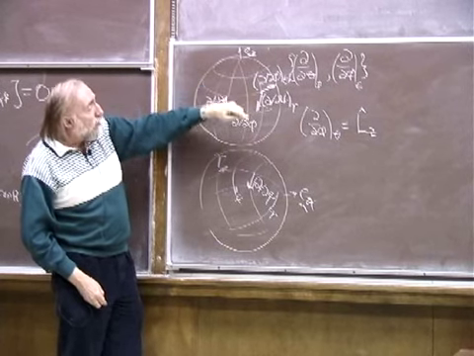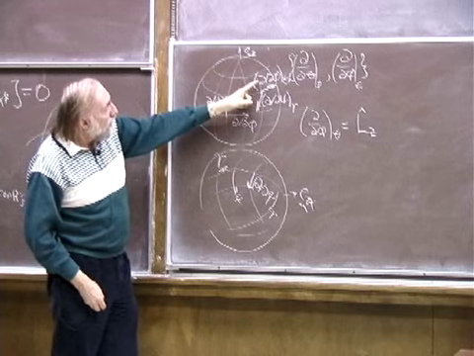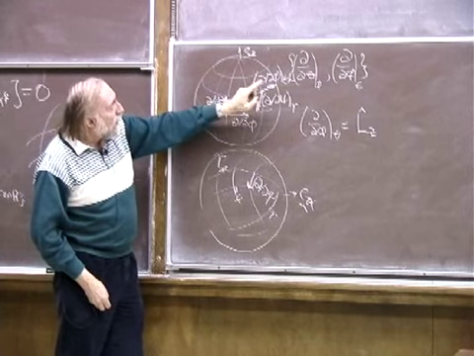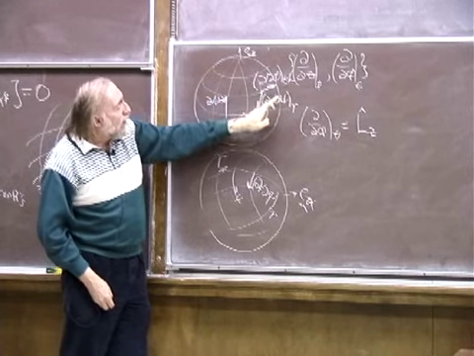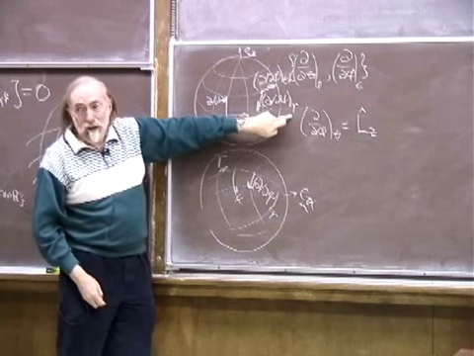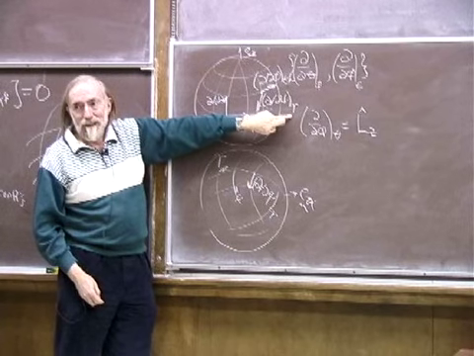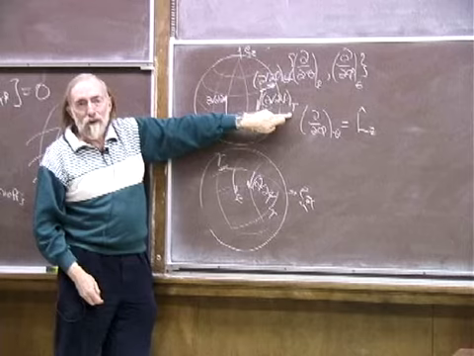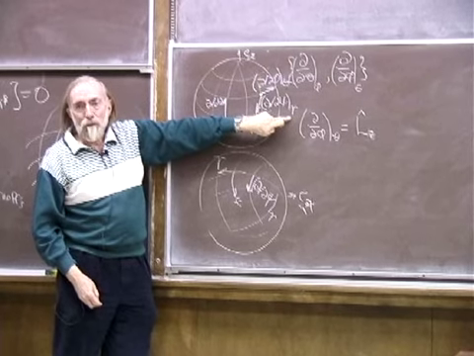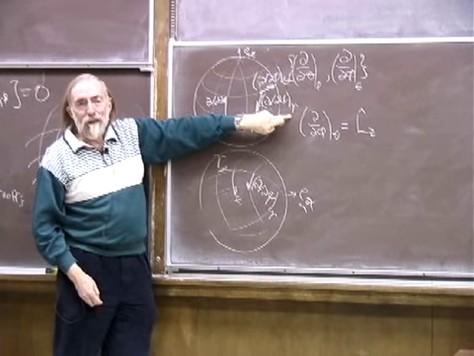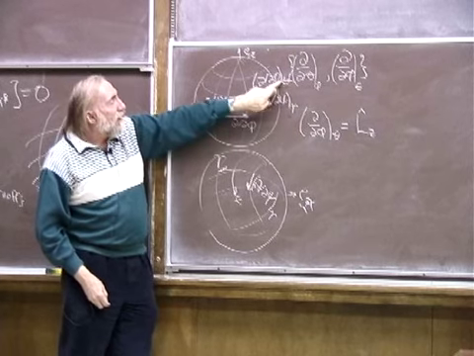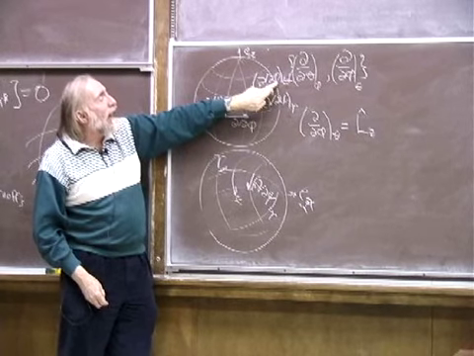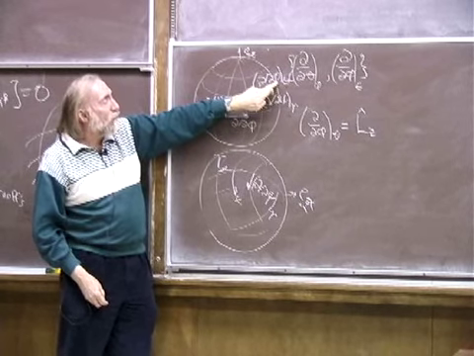And the reason they don't commute is that d by d phi is a basis vector at fixed theta. d by d psi is a basis vector at fixed epsilon. They're not associated with the same coordinate system. This is a coordinate basis vector in the theta-phi coordinate system.